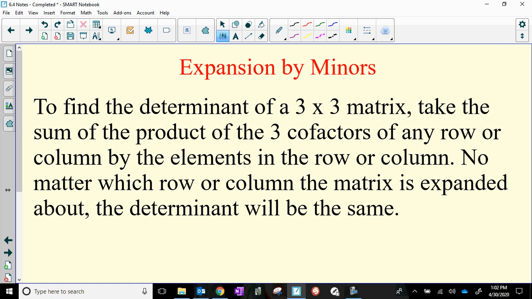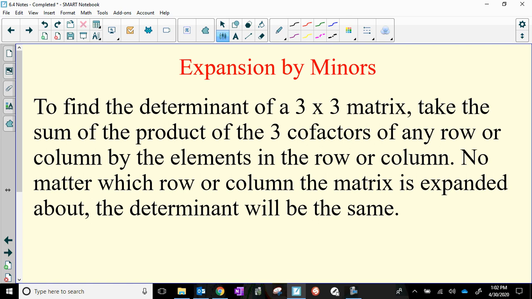Okay, so now we're going to take this idea of finding minors, and we're going to use those to find the determinant of the entire 3 by 3. Whatever your dimension is, remember these are square matrices, so the number of rows or the number of columns is how many minors you're going to have to use. If I have a 3 by 3 matrix, I'm going to use 3 minors, and the minors go down by 1 number, so I'm going to use 3 2 by 2 matrices.